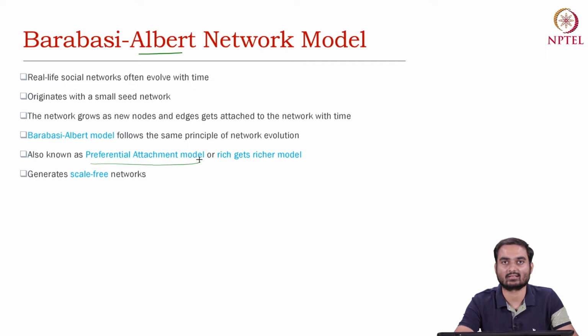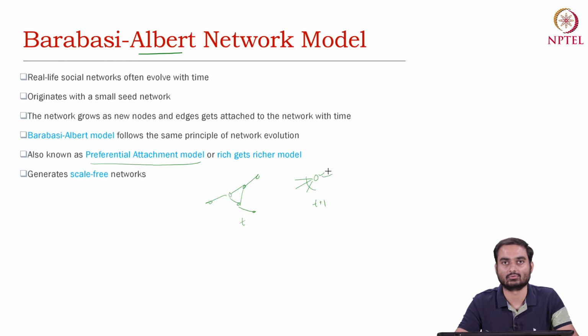Why is it called that? Let's say you already have a network at time t, and at time t plus 1 a new node comes in with certain edges. How does this node choose the existing nodes for its connections?